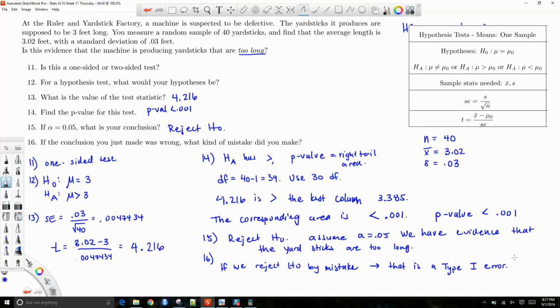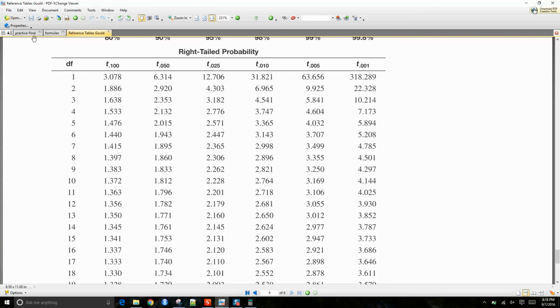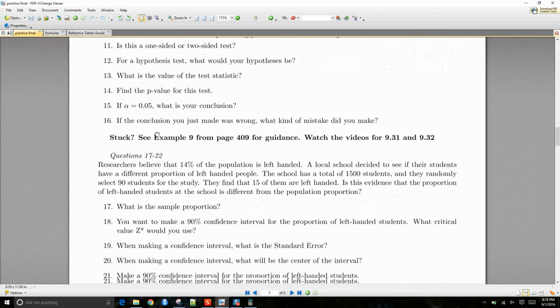But having this p-value makes it very hard to make a mistake. It would be quite surprising. I don't want to say impossible, but quite surprising if that happened.